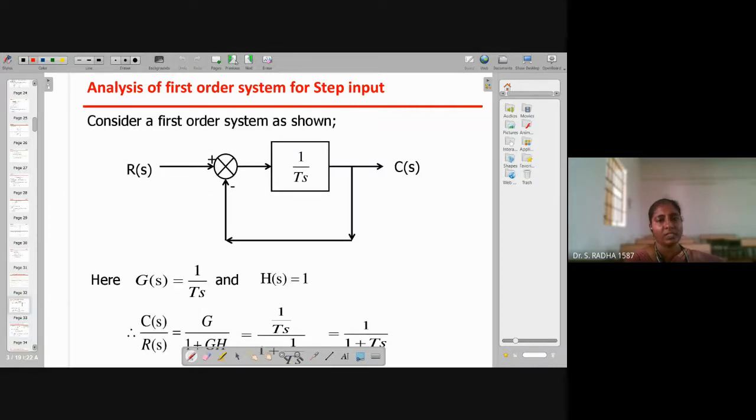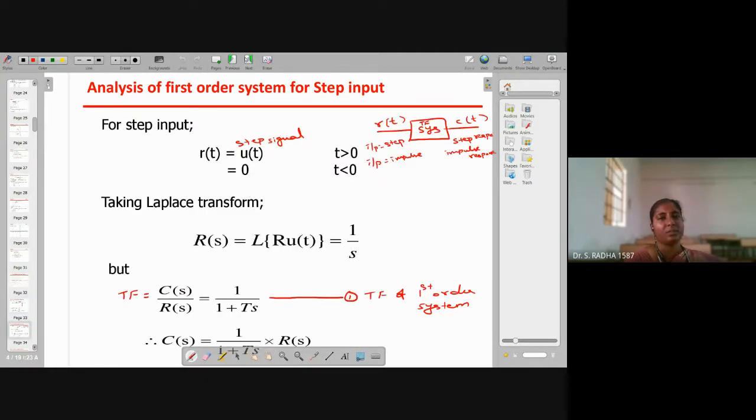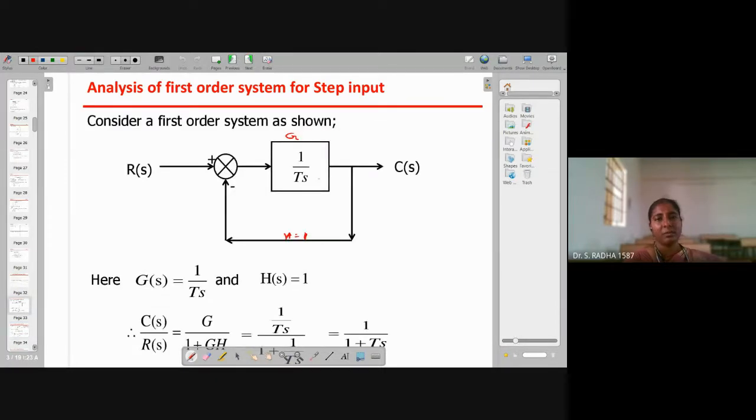The same here: R of s, C of s, and we have calculated the closed loop transfer function using the blocks. This is G and here h equal to 1, negative feedback. So we apply G by 1 plus GH and calculate the transfer function. In the previous case G is 1 by Ts, with h equal to 1, and that completely becomes the system.